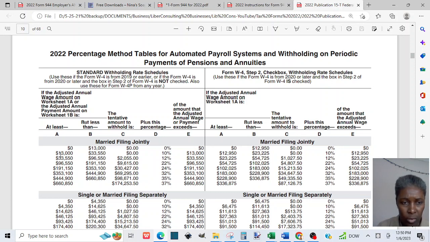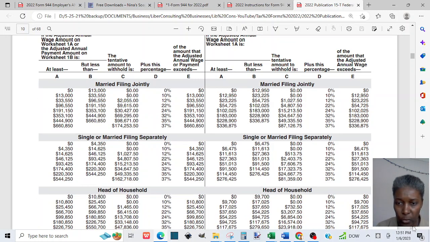The way it works is, for the salary you are paying yourself, you first select based on the W4 if you check some boxes. Maybe I'll do another video to explain how income tax withholding works.